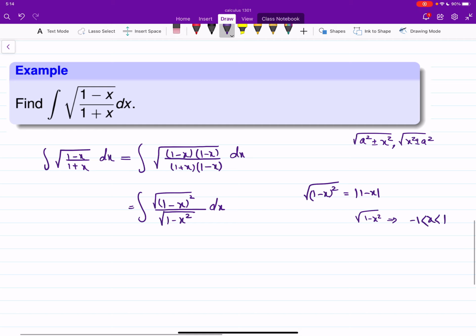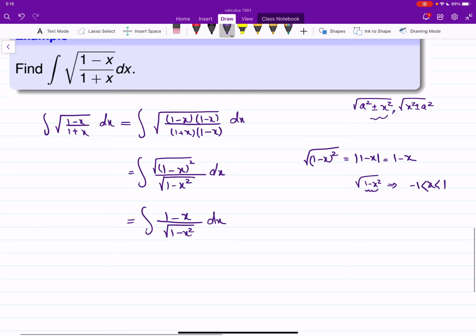That is because I want to have 1 minus x squared positive. So if x is less than 1 and bigger than negative 1, then for your absolute value up there, you know what to do. It's going to be positive. So this way, your integral is going to be 1 minus x. Absolute value is dropped now. But the key point is that now I know how to handle these cases.